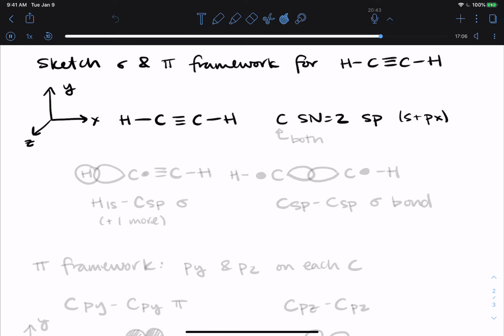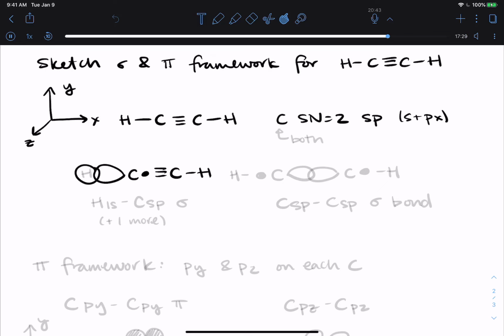So for my sigma framework, I can draw this pretty quickly. So my carbon-hydrogen bond, I've got a carbon sp. And this is going to look weird, but we'll fill in the rest of my molecule.